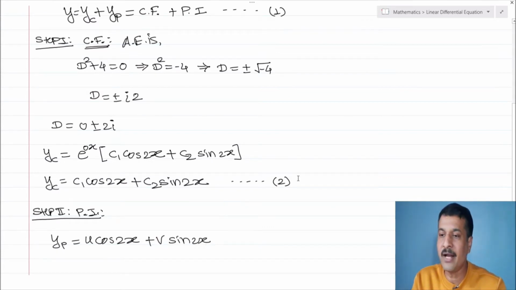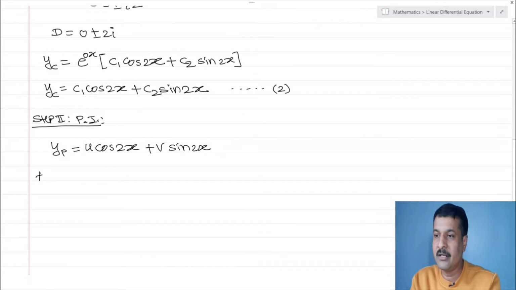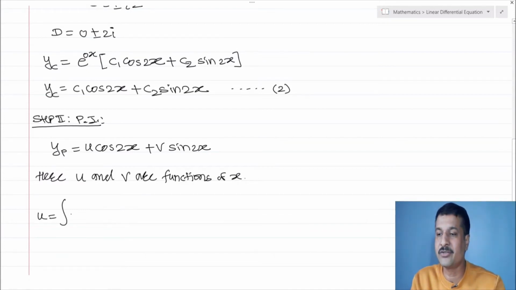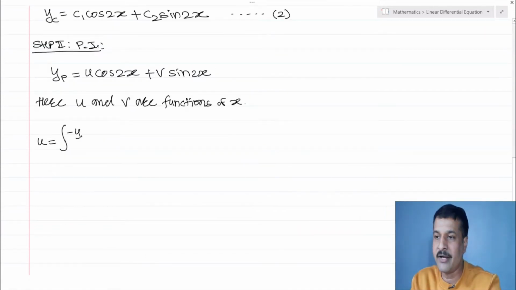So how to find u and v? Here u and v are functions of x, and u is given by u equal to integration of minus y2 into f of x upon A into dx. And what about v?